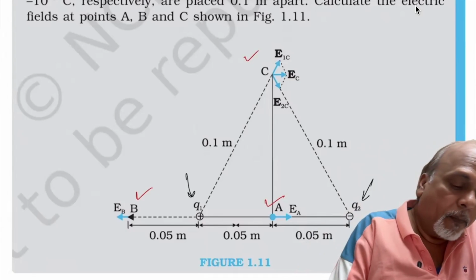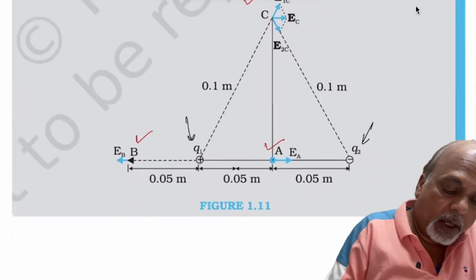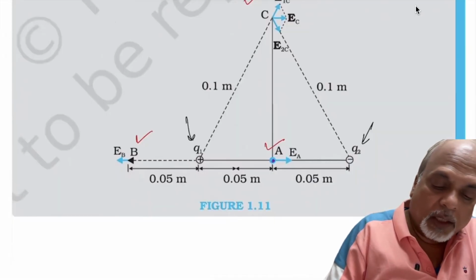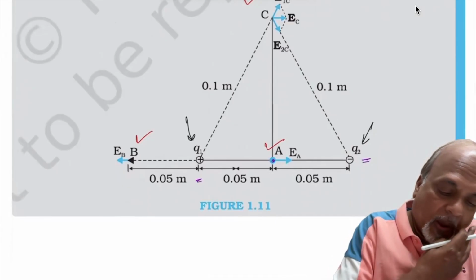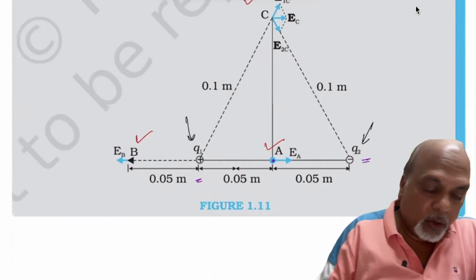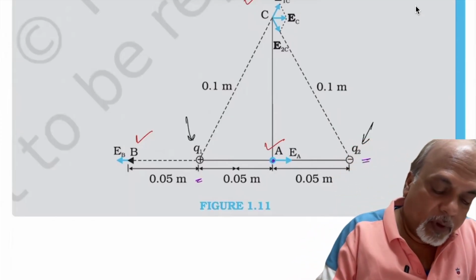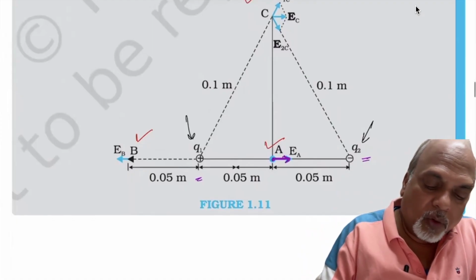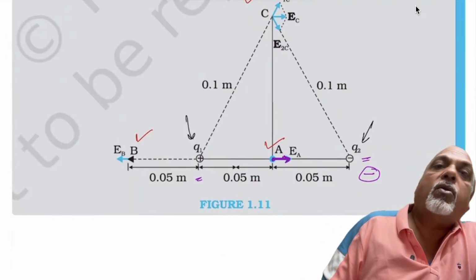So let us find out first A. At A you see one charge is here, Q2, another charge is Q1. Correct? So due to Q1, it will have a direction of electric field like this, and due to Q2, since it is a minus charge, again here the electric field will be in this direction only.